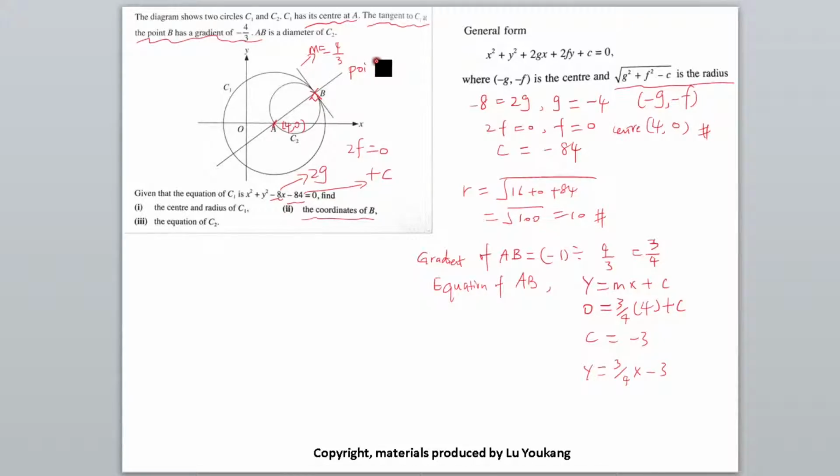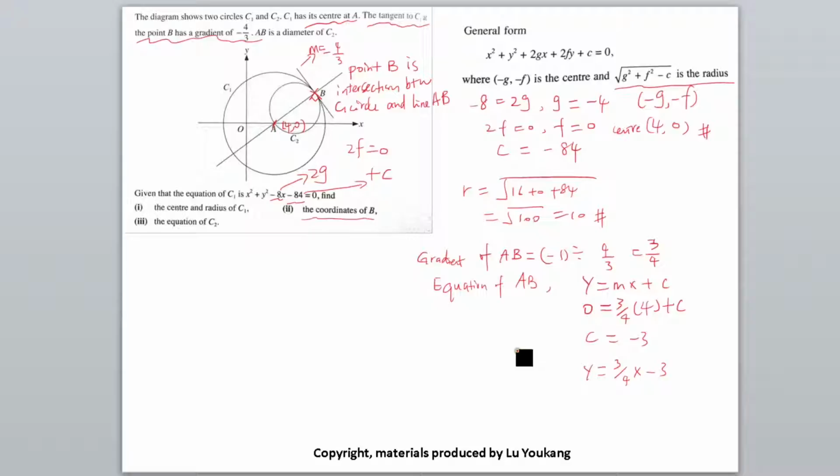So if B is the intersection point, what does that mean? It means we have to solve simultaneous equations. Which two equations? Equation of the circle C1 and equation of the line AB. Okay?